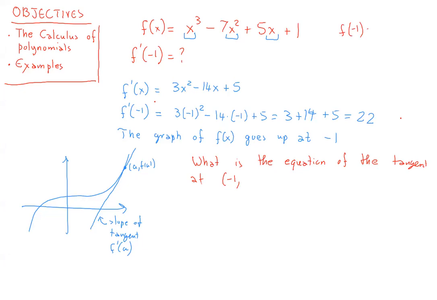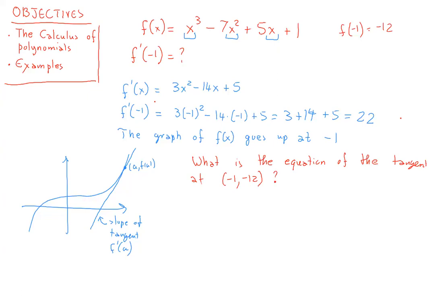You get -1 to the third, which is -1, minus 7 times -1 to the second, so that's -7. So -1 minus 7, that's -8, plus 5 times -1, so -5. So -8 minus 5, that's -13, plus 1, that's -12. So the value of the function is -12.